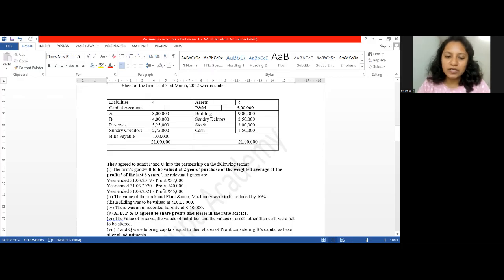The value of reserves and the value of liabilities and the value of assets other than cash were not to be altered. This is the most important point here. They say that the valuation should not be altered. So whatever is the profit and loss you identify, you don't change the value in the balance sheet.